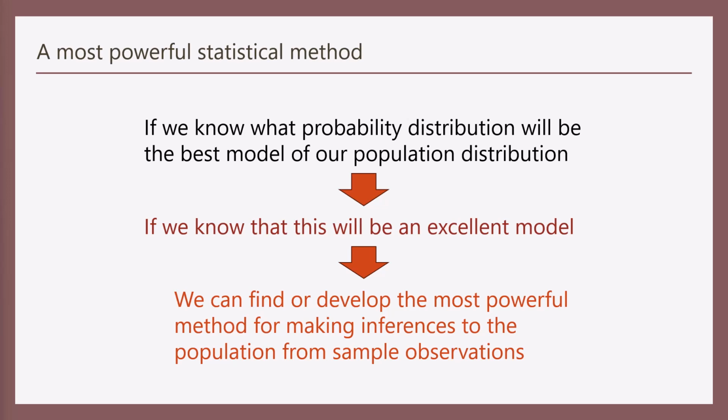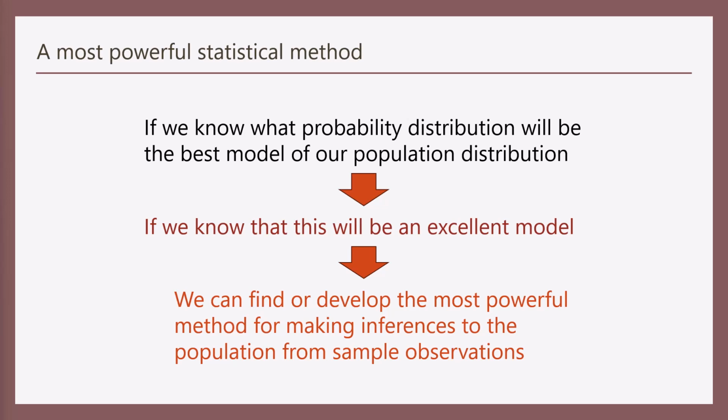In other words, if we have a mathematical probability distribution that matches very nicely with our population distribution, the parametric procedure is going to be the best one.